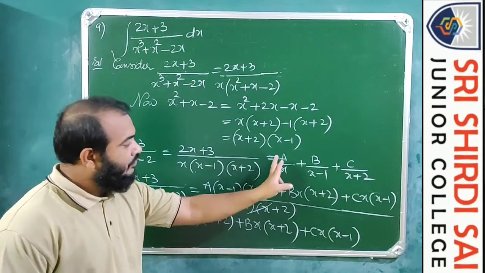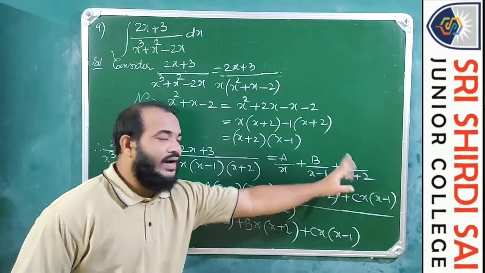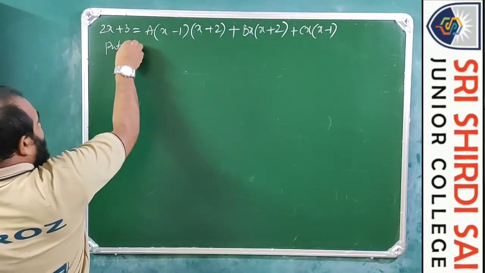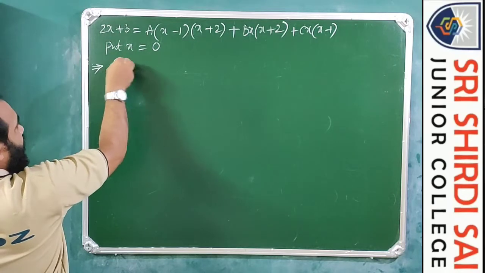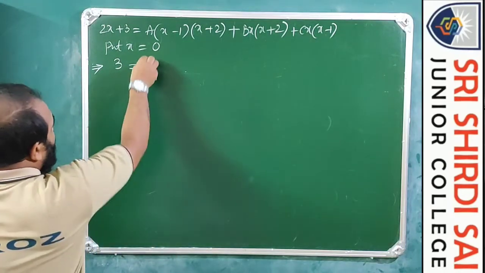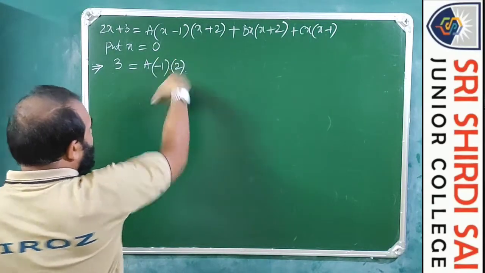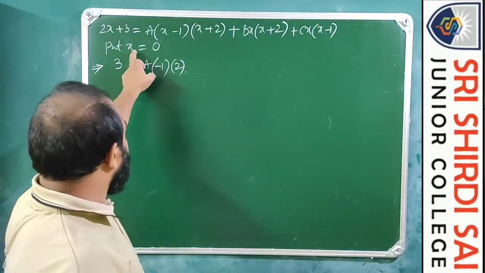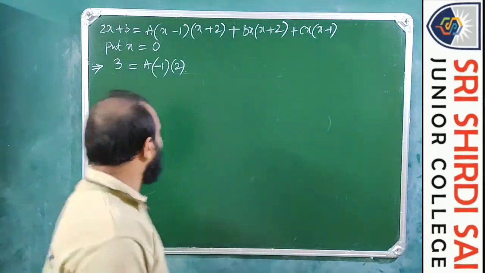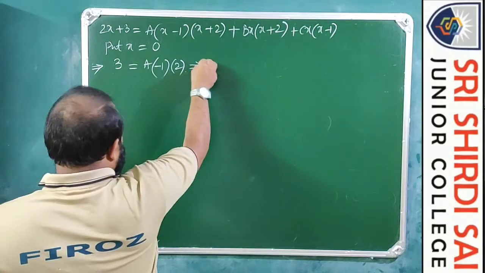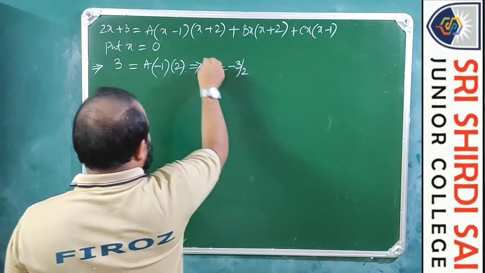Then we will obtain the values of the constants A, B and C. x is equal to 0: 2 into 0 is 0, plus 3 is 3. So A into (0 minus 1) is minus 1, (0 plus 2) is 2. If you substitute x equals 0 here, 0 into something is 0, and this will also become 0. Therefore A is equal to minus 3 by 2.